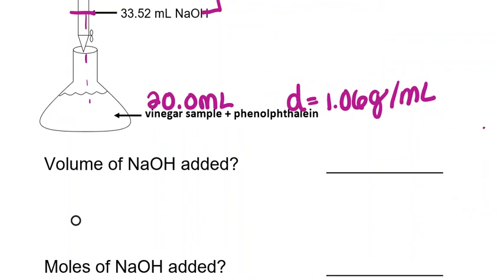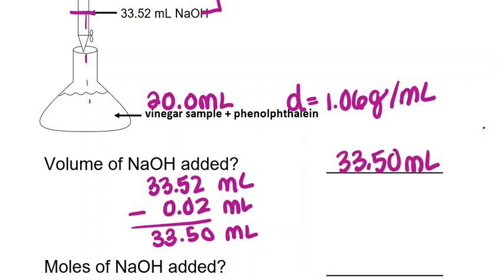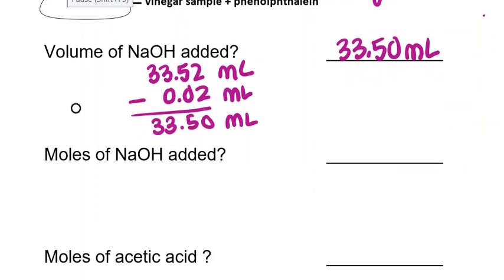So first, a volume of sodium hydroxide, we just take our final reading minus our initial reading. To get the volume of sodium hydroxide that it took to react with all of our acetic acid. Okay, how many moles of sodium hydroxide was that?